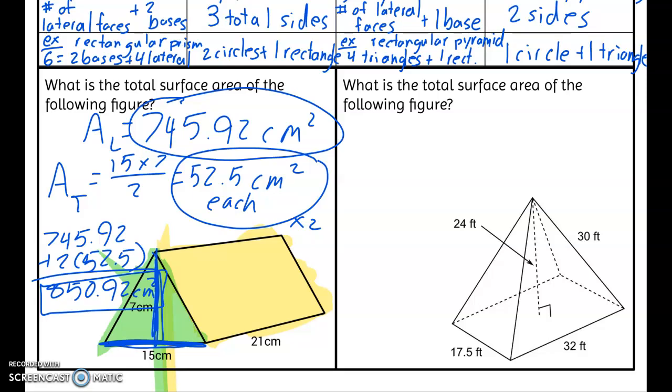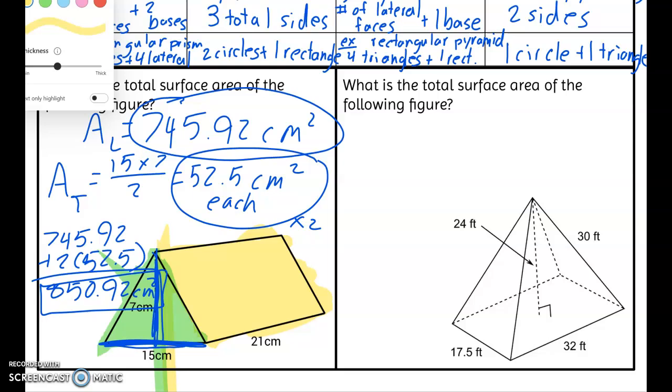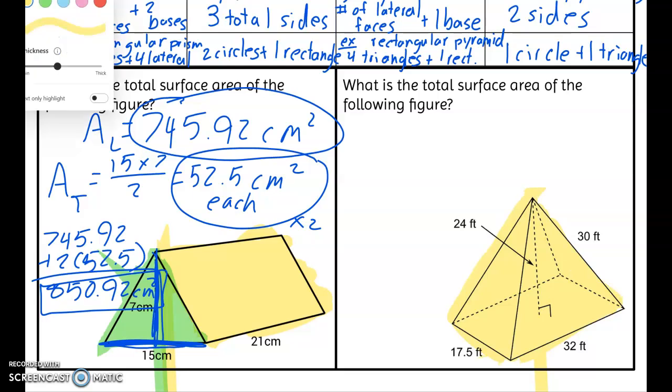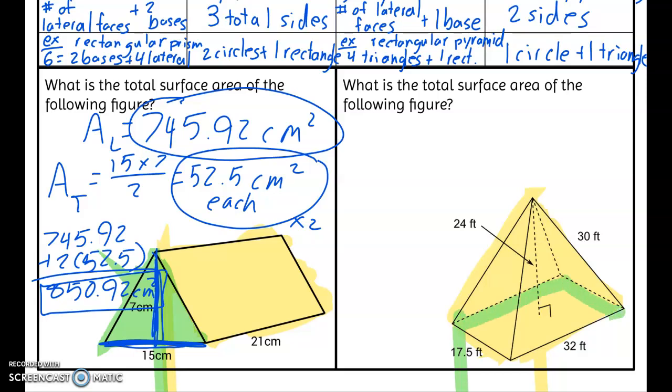Again, this is the exact same shape as before, except we found just the lateral surface area. So we found all of the triangles. Today we are going to take the total area for the triangles and add just that rectangle down at the bottom.